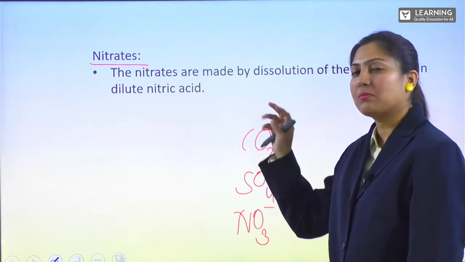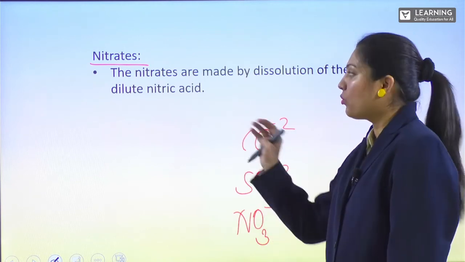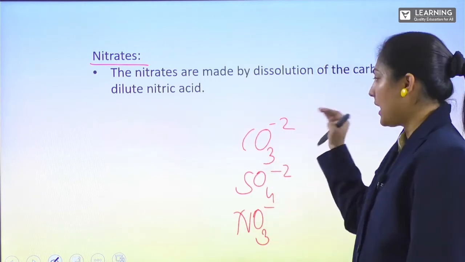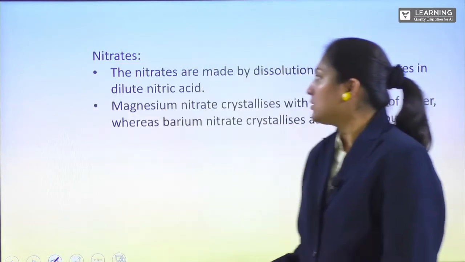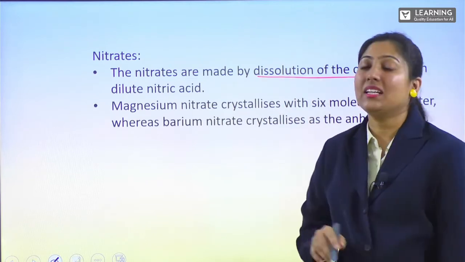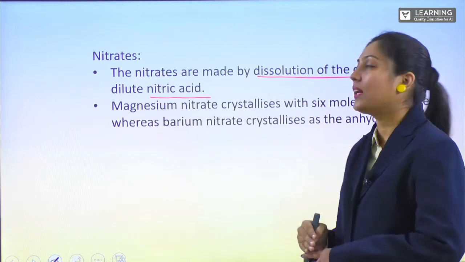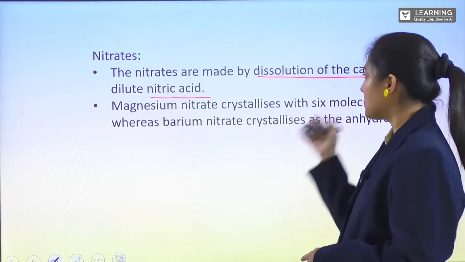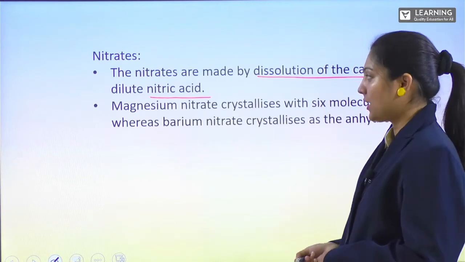When these metals react with these oxoacids, we get these salts of carbonates, sulfates and nitrates. So the nitrates are made by dissolution of carbonates in dilute nitric acid. We can also get nitrates just by dissolving the carbonate salts in dilute nitric acid.